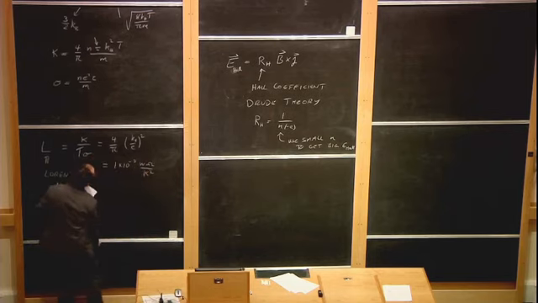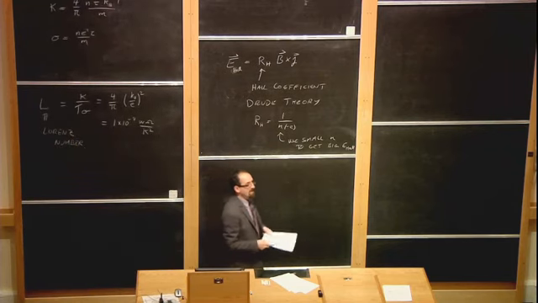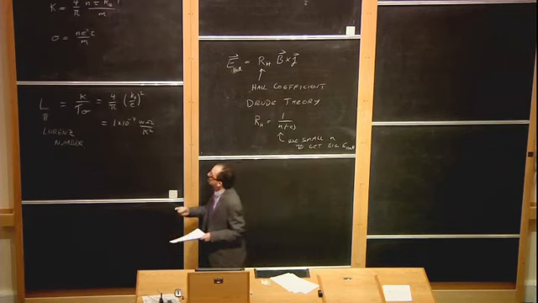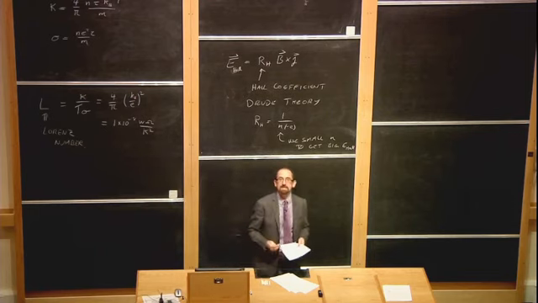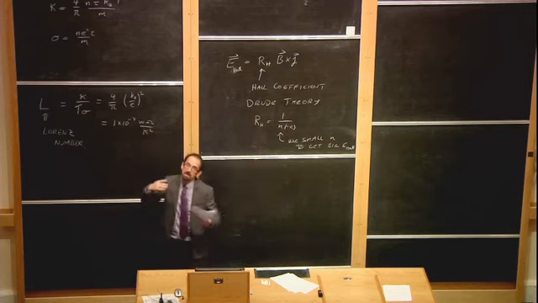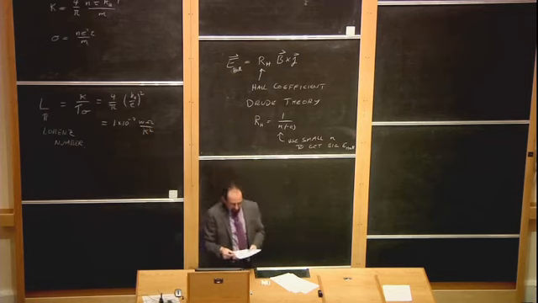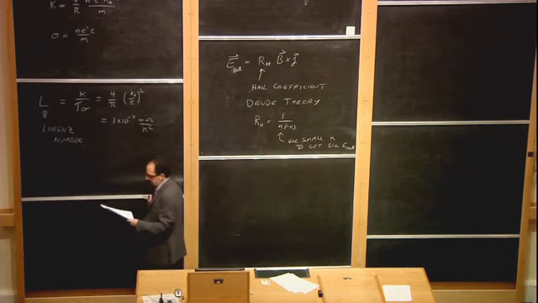And this result is kind of interesting because it's what we call universal. It doesn't depend on temperature. It doesn't depend on the mass of the electron. It doesn't depend on the scattering time of the electron. It doesn't depend on the density of electrons. It doesn't depend on anything except these fundamental quantities, Boltzmann's constant and the charge of the electron. It's kind of an interesting prediction.